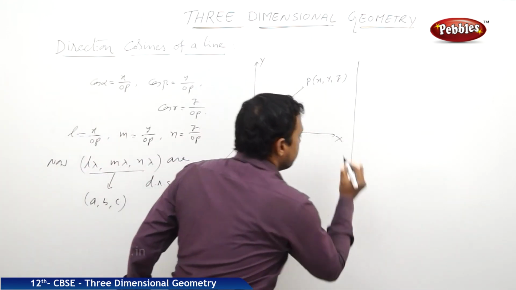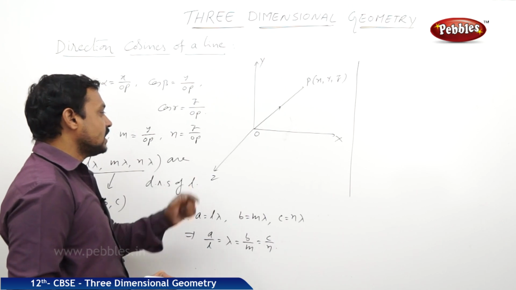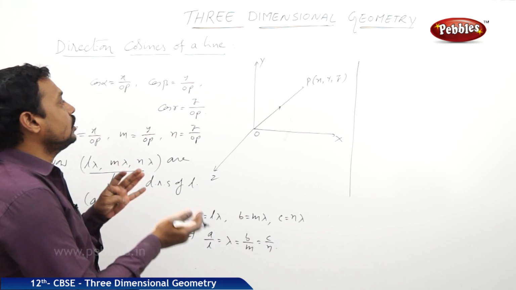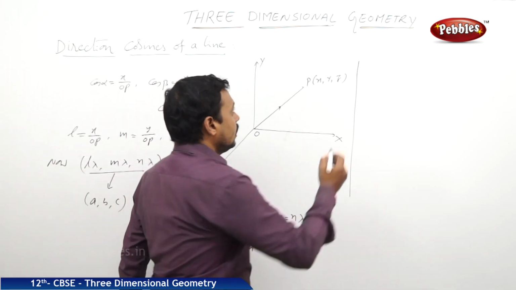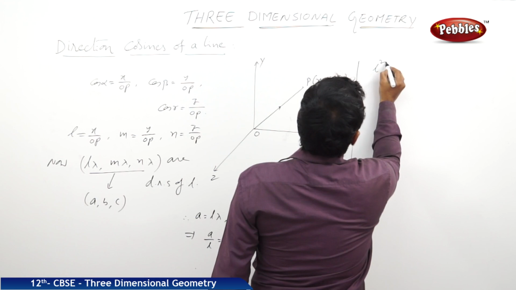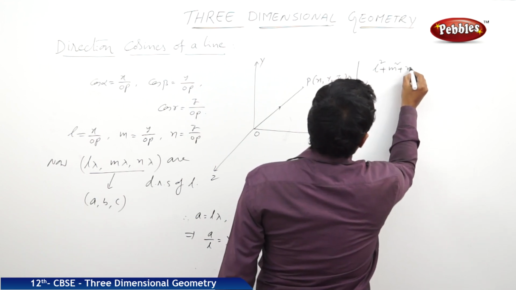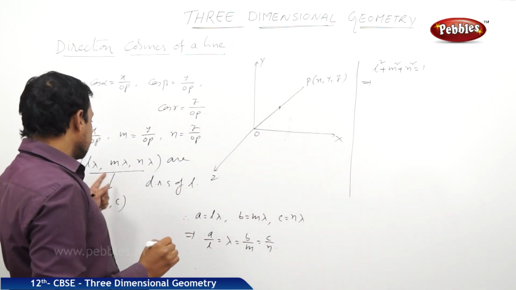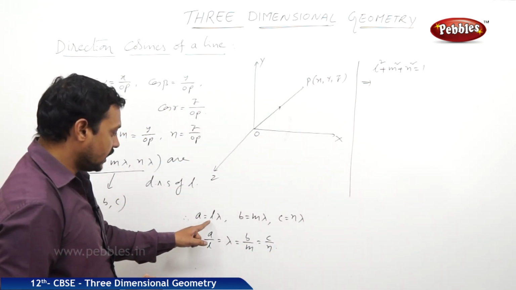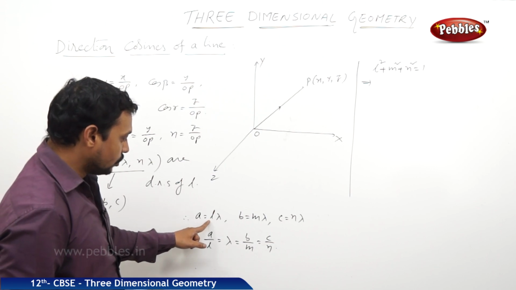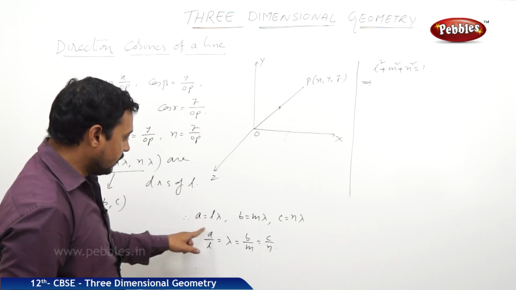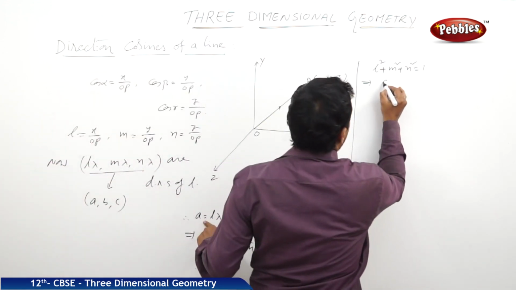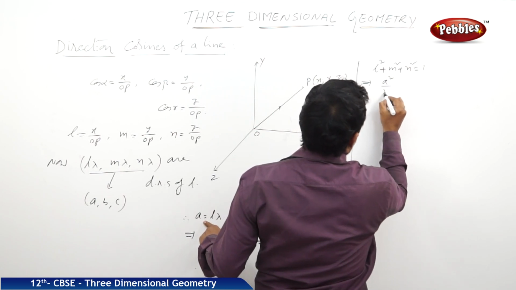Now, suppose A, B, C are direction ratios of a line, then how do we get the direction cosines? Here we know that L square plus M square plus N square is equal to 1. But L is equal to A by lambda from this condition, that means L square is A square by lambda square.